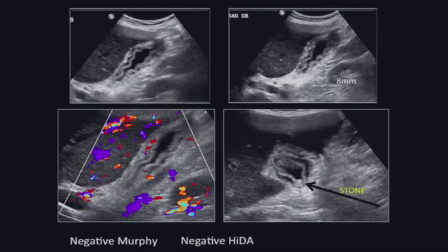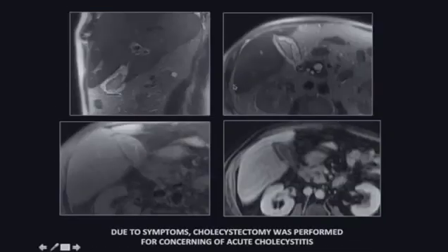A HIDA scan was suggested, and it was negative, and an MRI was performed. On MR imaging, T2-weighted images showed the more typical gallbladder wall thickening of cholecystitis with a double-layered pattern, an inner hypointense T2 layer of mucosa and the muscle layer, and the outer hyperintense layer of stromal edema suggestive of acute cholecystitis.